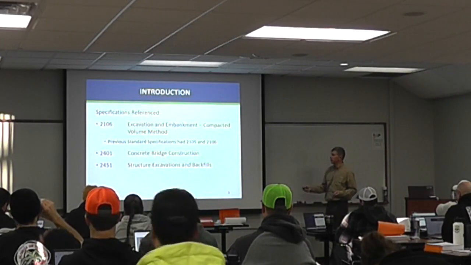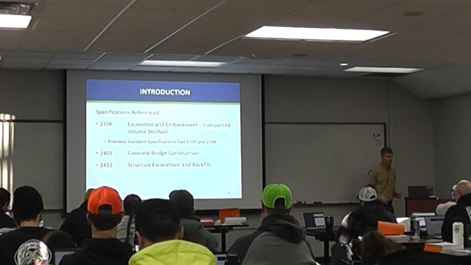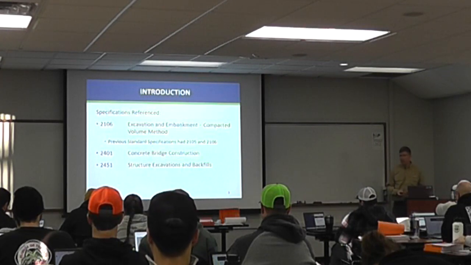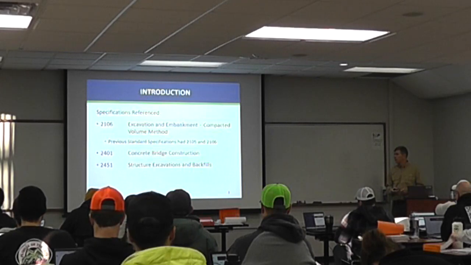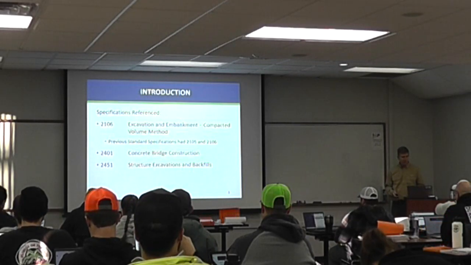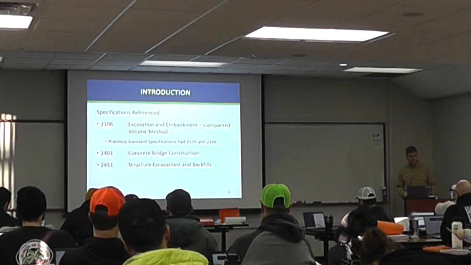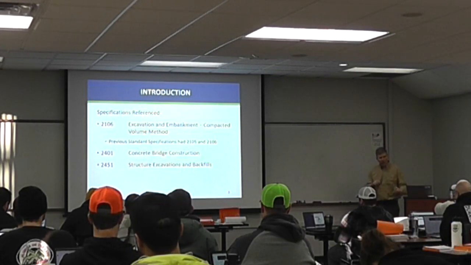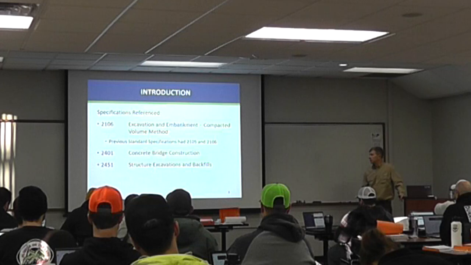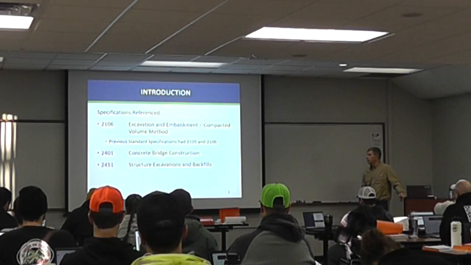But now everything's under 2106. And then certainly 2401. We've already heard about 2401, so we're going to get into a little bit more here today and in the following days. And then 2451, structure excavation and backfill. So all of those things will kind of work hand in hand as we build our spread.